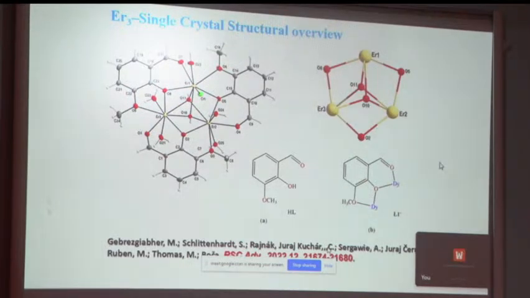And we also prepared an erbium triangle with the Schiff base. We tried to condense it with the Schiff base, but the situation of the coordination never allows Schiff base condensation, and only the orthogonal is coordinating, and a triangular formation is happening, just like the dysprosium I discussed before.